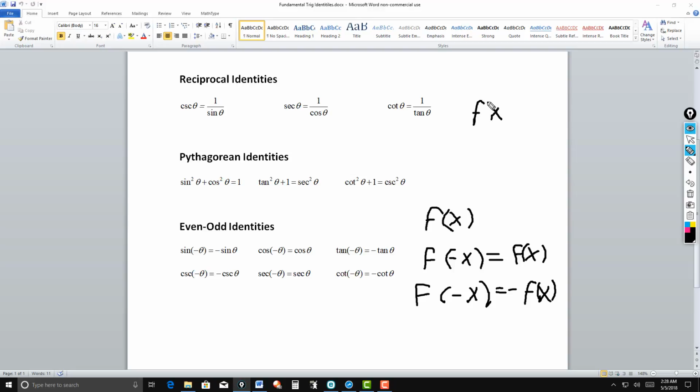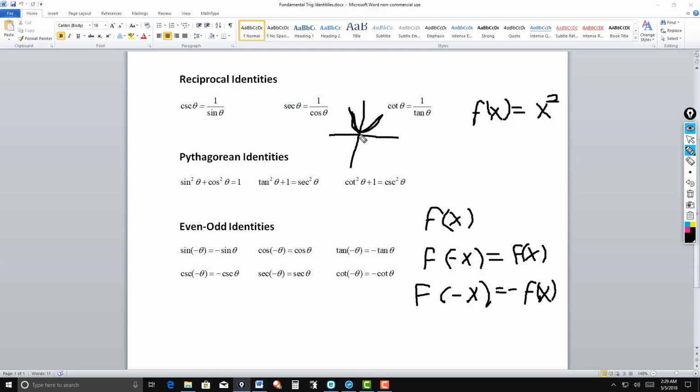Very basic example, and here we're just dealing with regular functions. So let's suppose I have f of x is equal to x squared. That you should recognize as a parabola with vertex at the origin. Graph looks something like that, okay?